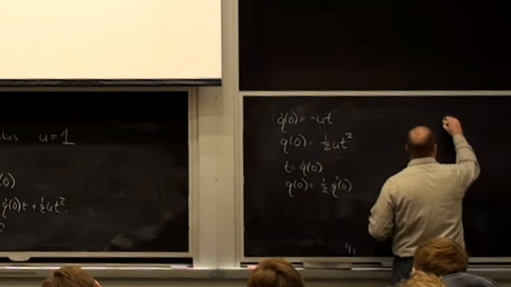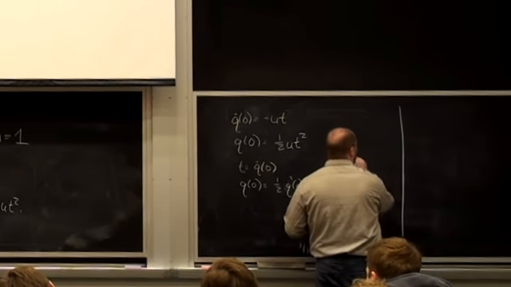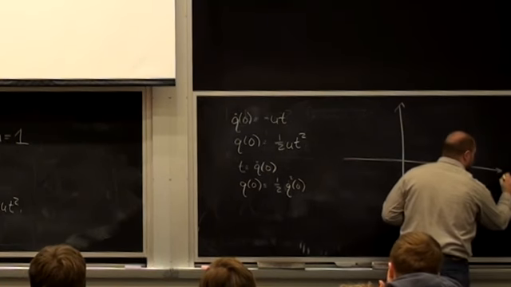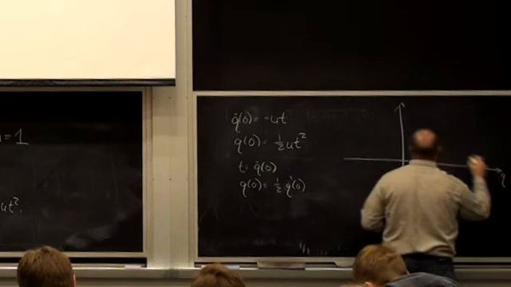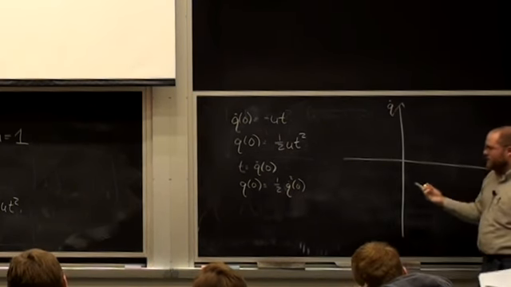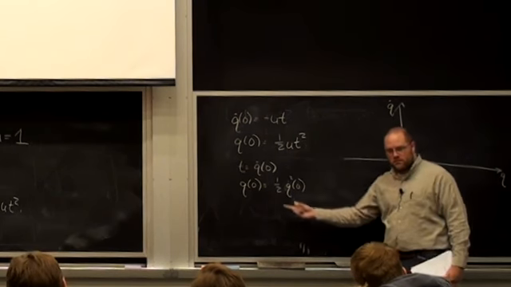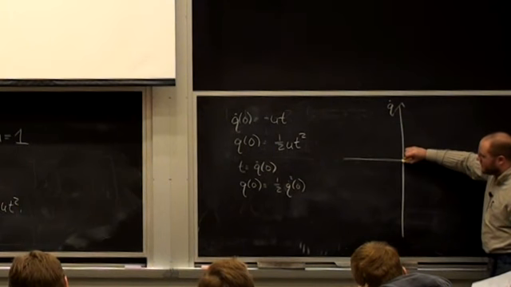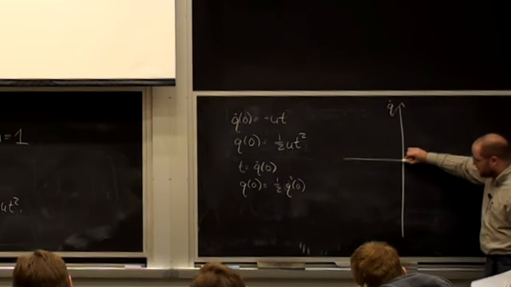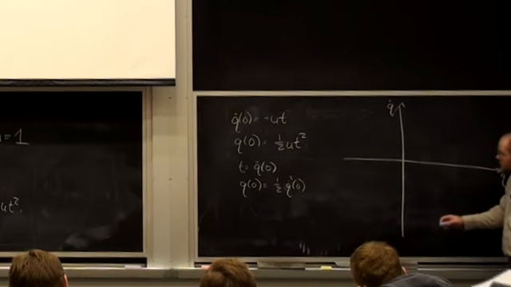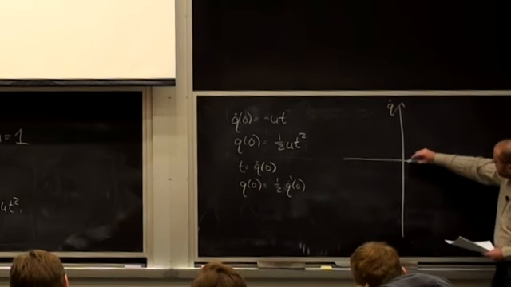If I plot that in my state space, with q dot on the vertical axis, there's a manifold of solutions which starts at 0, and I did this for u positive, and it goes like this.